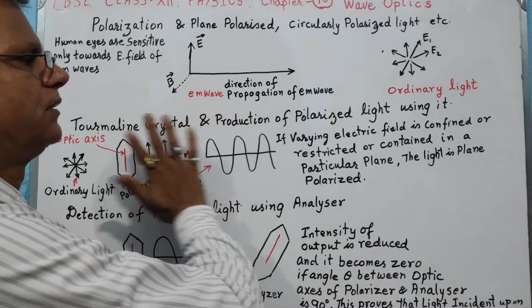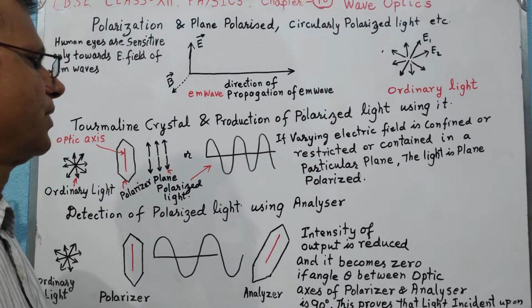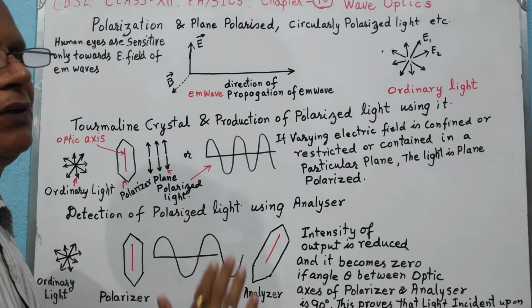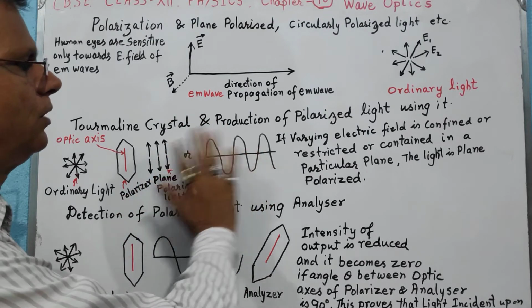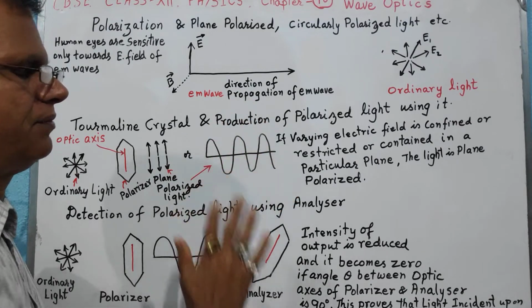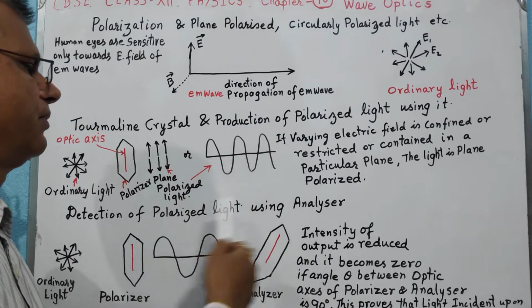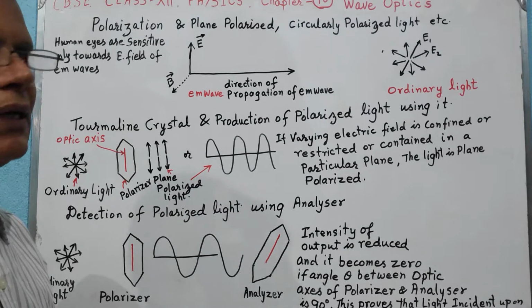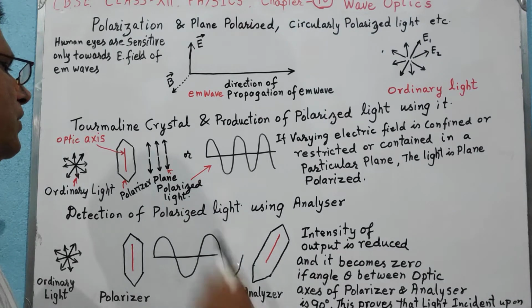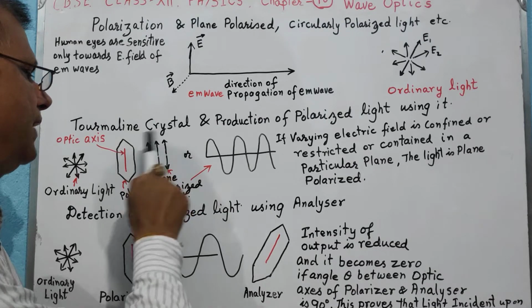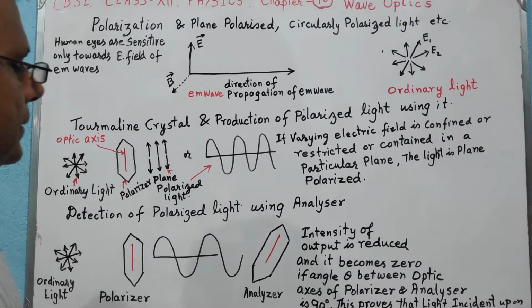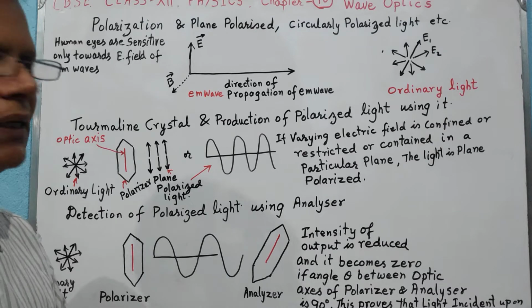Say for example, the whiteboard here is the particular plane in which the electric vibration exists, and in no other plane does the electric vibration exist. Such a wave is known as polarized light, and since the locus of all points having vibration in the same phase is a plane, we call it plane polarized light.